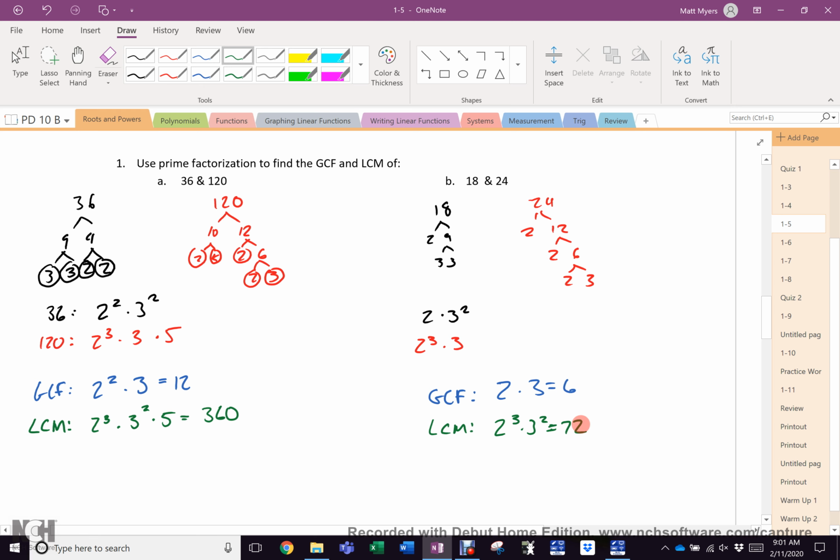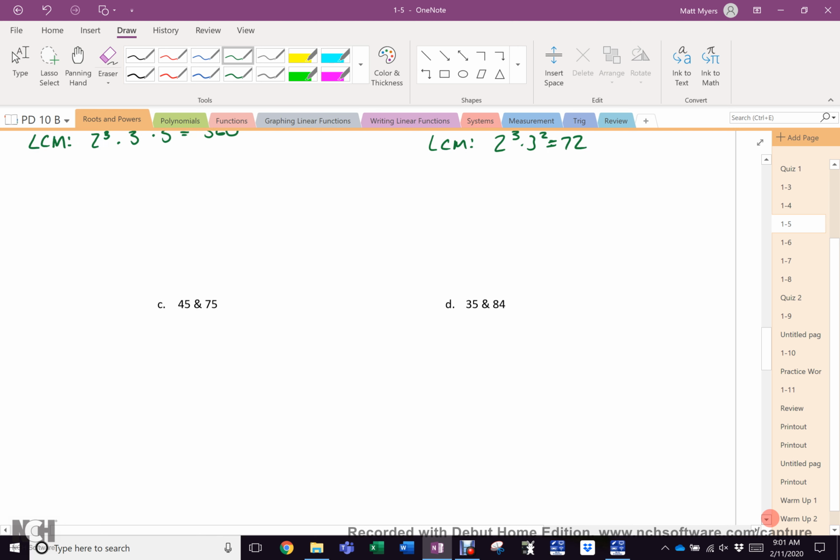And again, you could do this just by counting. 24 times 2 is 48, times 3 is 72. 18 times 4 is 72, obviously 72, right? But if we were doing this with a group of 5 numbers, it's easier to do this. Everybody good? All right. You do letter C all by yourself.